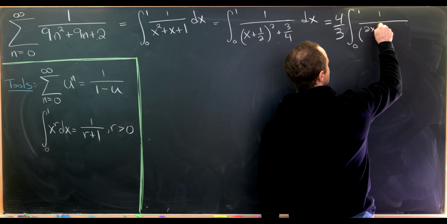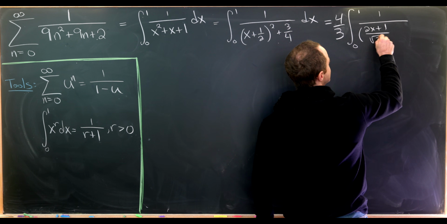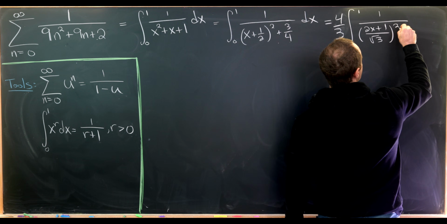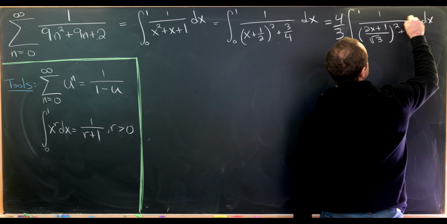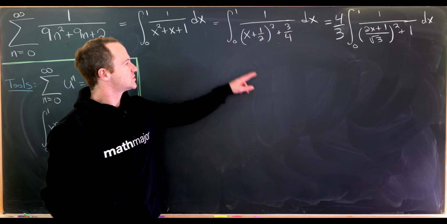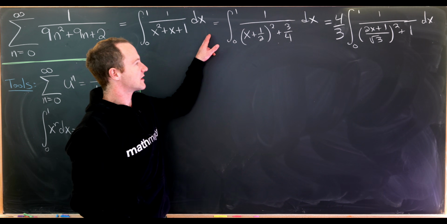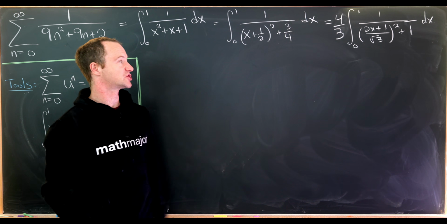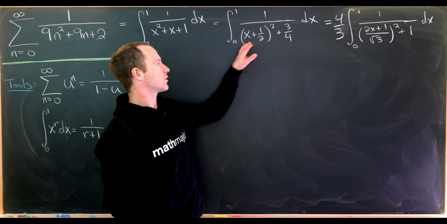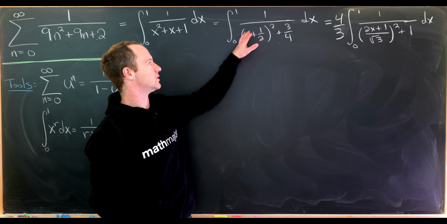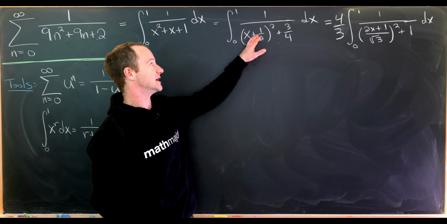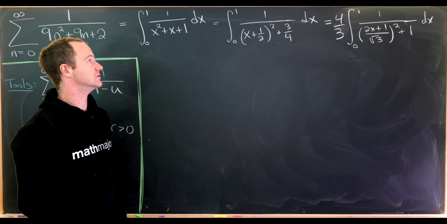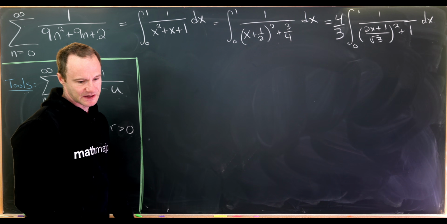So this is 2x plus 1 over the square root of 3 quantity squared plus 1 dx. Great. So when I take this 3 out of the denominator, that means I need a square root of 3 inside of this square. And then taking a 4 out of the denominator is the same thing as multiplying this term by 2 squared, but then since this is already squared, it just turns into 2. Okay, so we've got something like that.